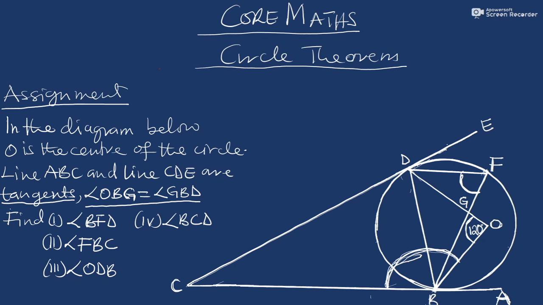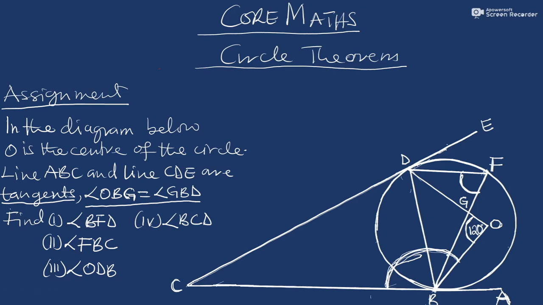Okay, but how can we get angle OBG? Because it wasn't given in the question. So how can we get angle OBG? Good. Now, in the question, we're told that angle OBG is the same as angle GBD. That is GBD. So this angle. The whole of this angle, that is angle OBD, is angle OBG plus angle GBD.